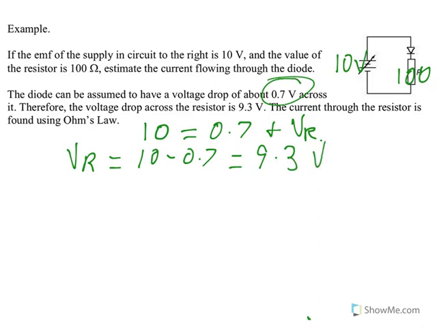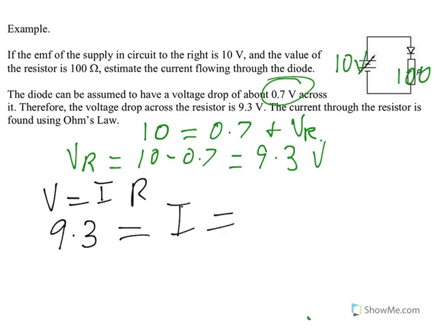So if there's 9.3 volts across the resistor, then Ohm's law says V equals IR, and we're talking about the resistor, remember, so the voltage across the resistor is 9.3. The current is what we are after.